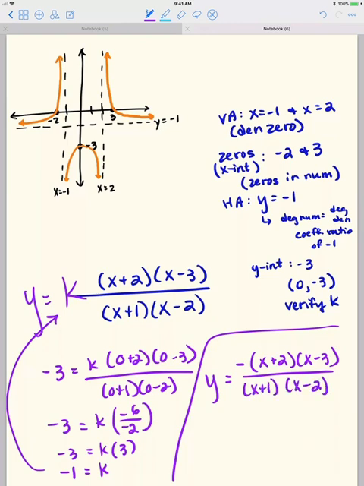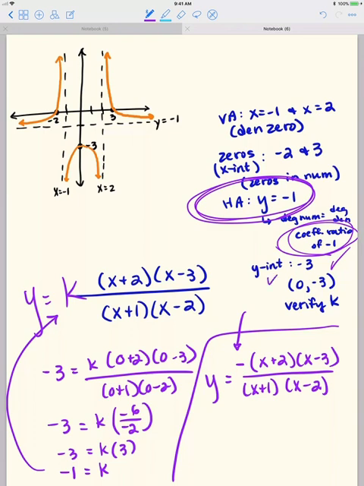But you have to make sure that that negative is there to go with the fact your horizontal asymptote was at -1, so your coefficient ratio is -1. So we have that now. And that allowed us to have the correct y-intercept at -3.